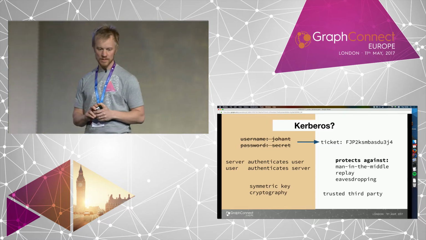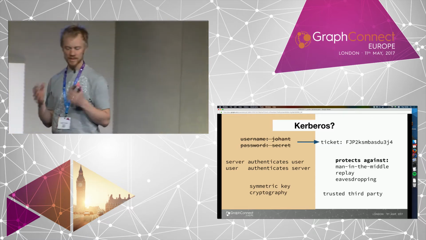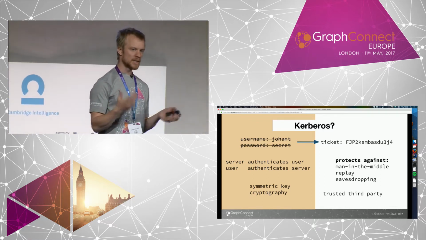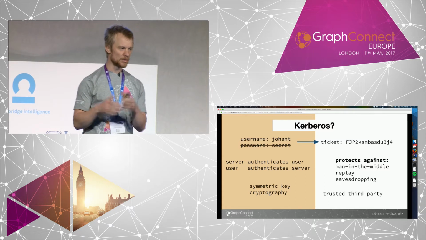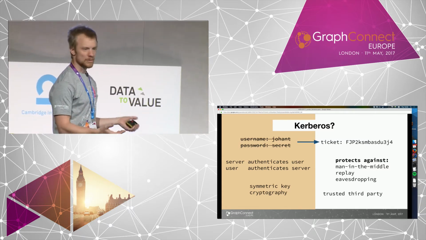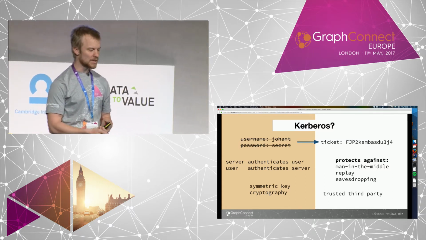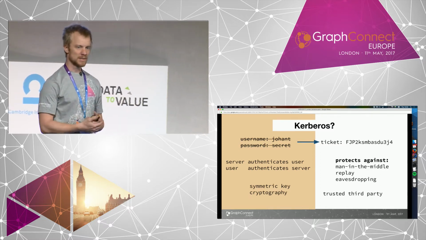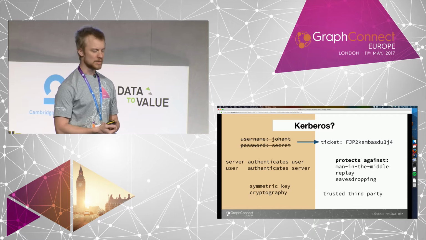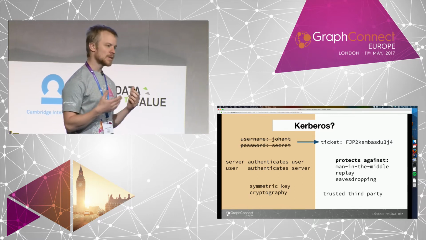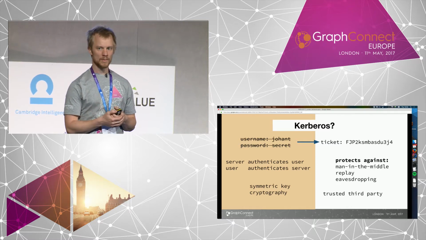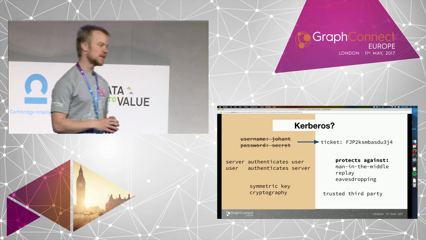And what you use these tickets for in Kerberos, the typical authentication situation, is that your service, your Neo4j cluster or your application server, is authenticating a user, so it's sure that it can serve the requests to that user. But in Kerberos, you can also do the other way around, or you can do both of them actually, which is called mutual authentication.